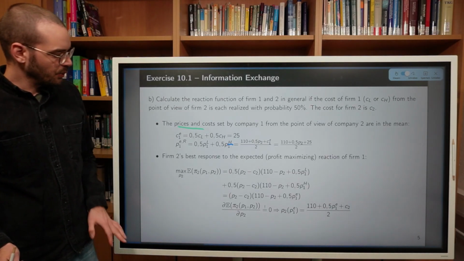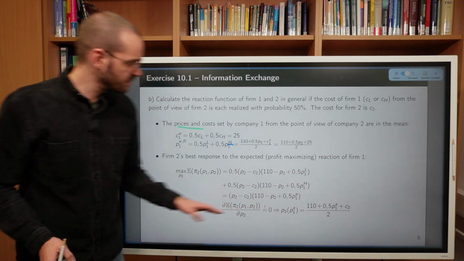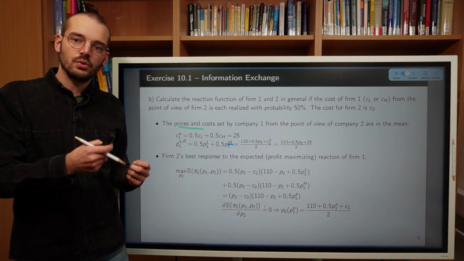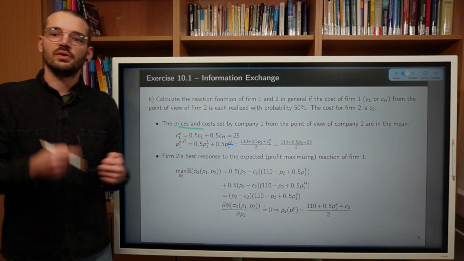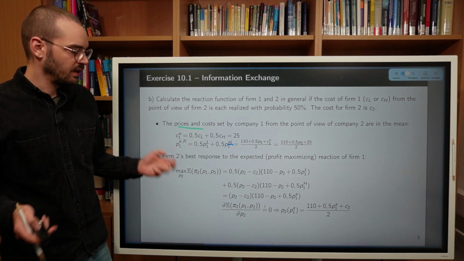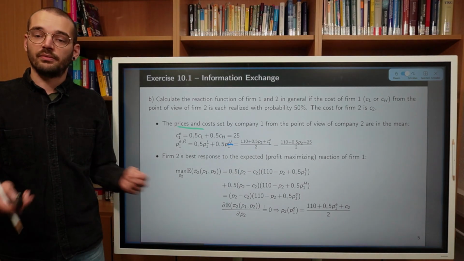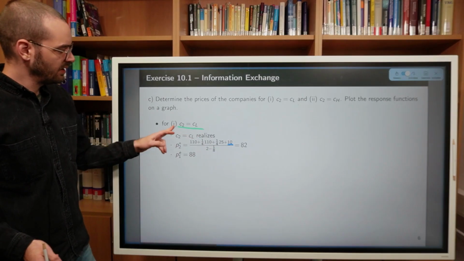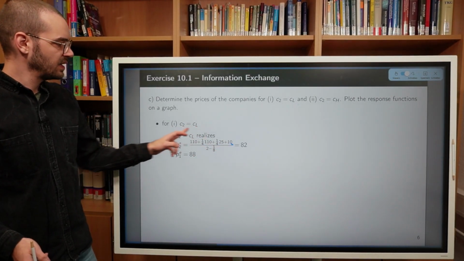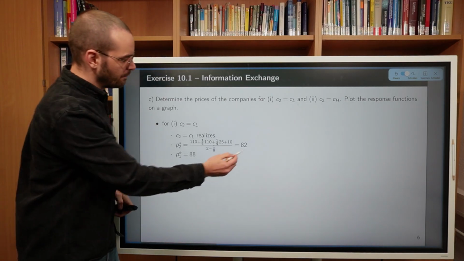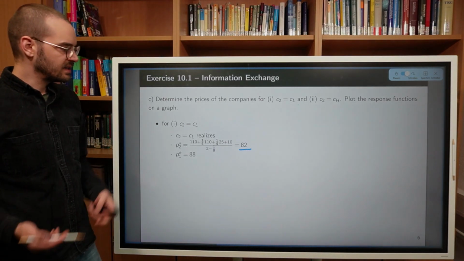Just remember, we have found the best response functions earlier. We can then substitute the best response of one firm into the best response function of the other firm, and then result with a function that only depends on the firm's own price. If we do so and consider the deterministically defined marginal cost of firm 2 as well, we find out that firm 2 will set a price of 82.